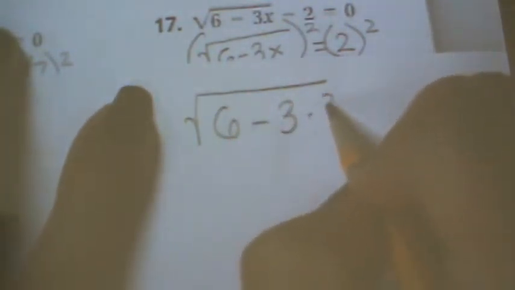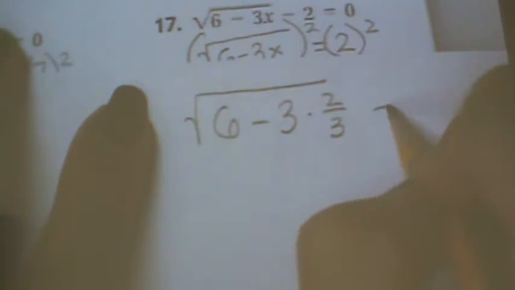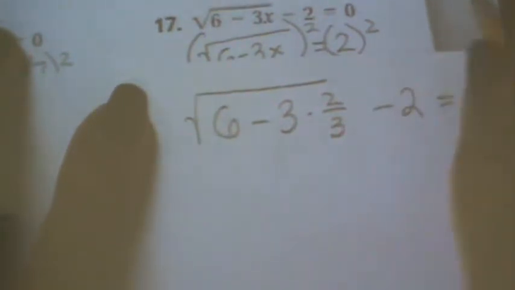Let's check it. Like he said, we get something like this and we think something's wrong. So let's check it. Is 6 minus 3 times 2/3, and then we took 2 away from that, does that give you 0? What happens to these 3's? They cancel.